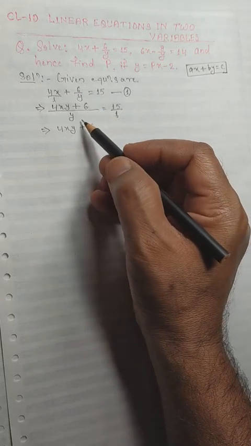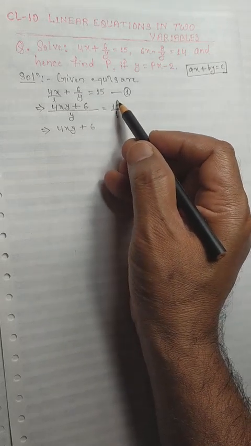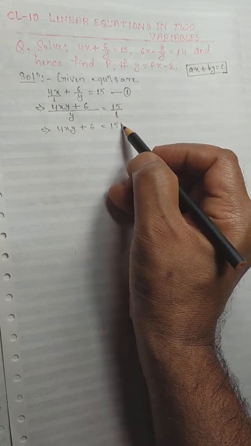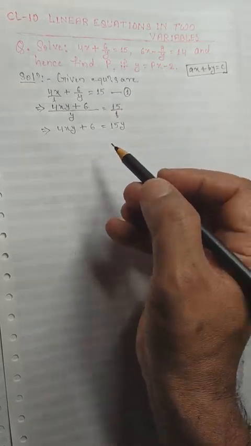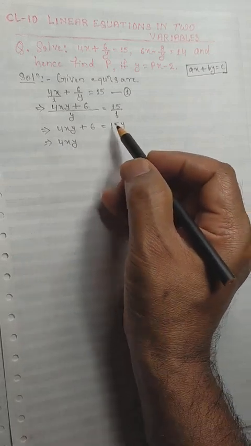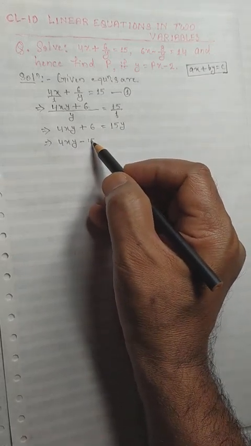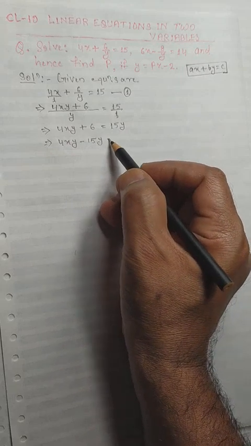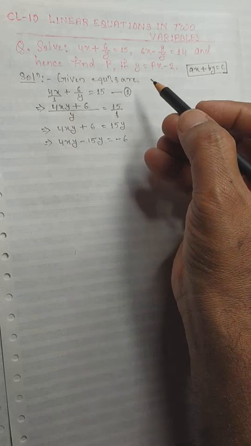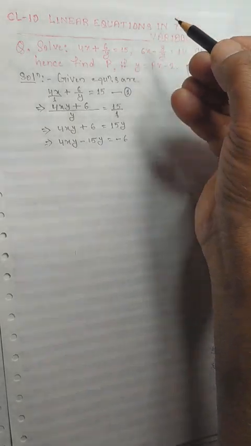Now from this denominator we go to the other numerator, y into 15, 15y. Here 4xy is there, 15y we bring to this side, it changes its sign and becomes minus 15y, and 6 goes to the other side and becomes minus.